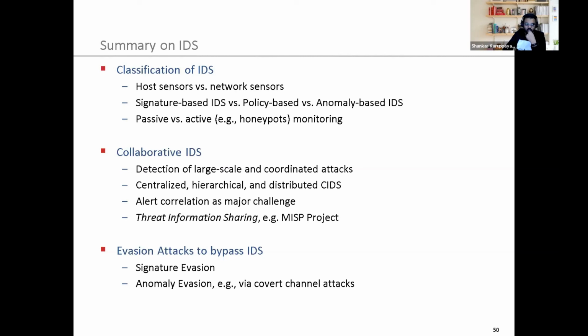Collaborative IDS systems we do not cover, but we briefly mentioned the different architectures that exist. And for evasion, there are several attacks that are targeted to evade IDS systems. I mentioned how you know the boundaries of the anomaly system, and you try not to hit the boundary and stay within the range that is not going to be considered anomalous and so on.